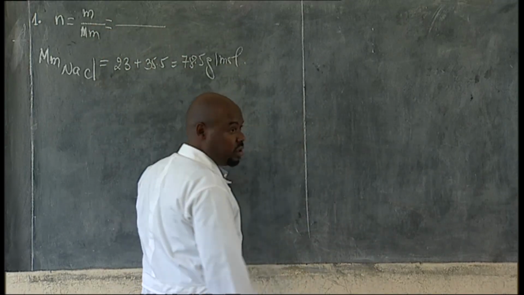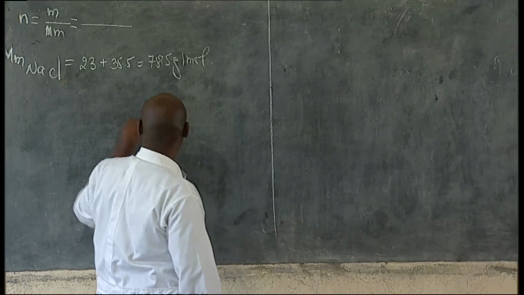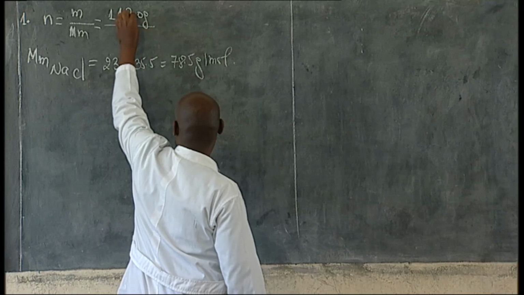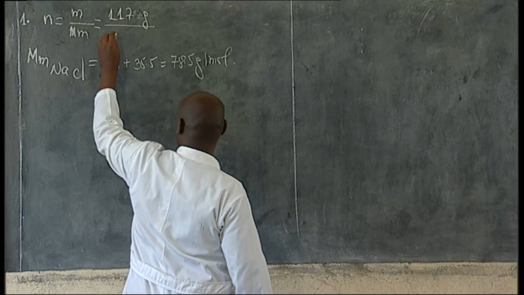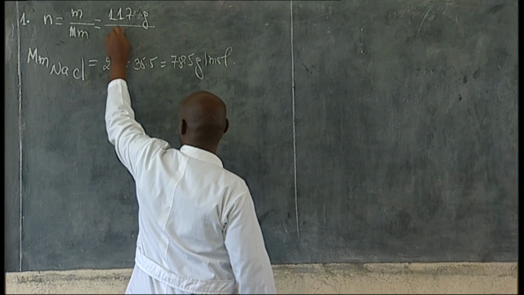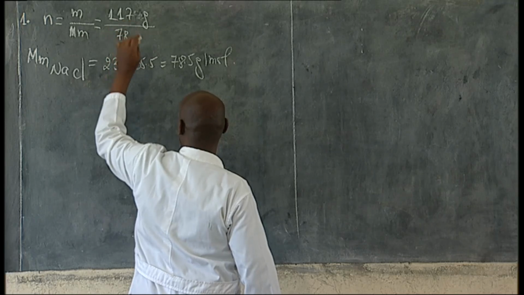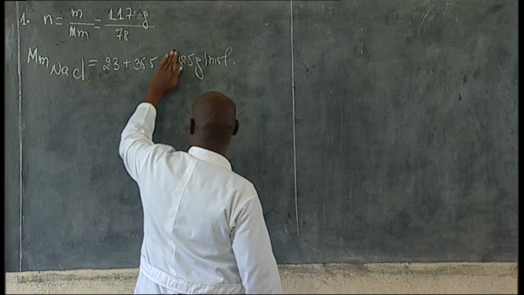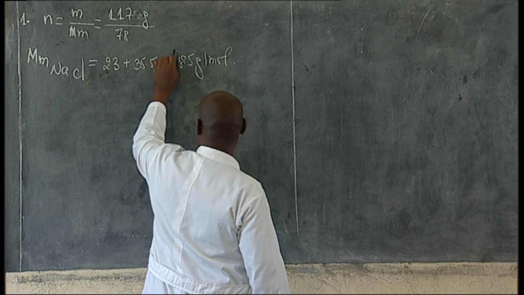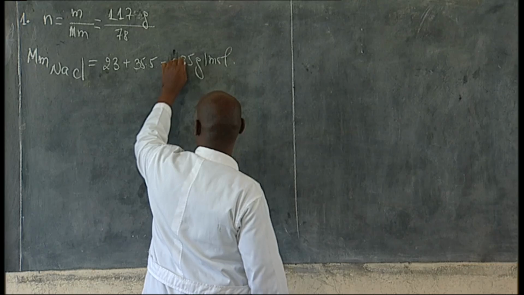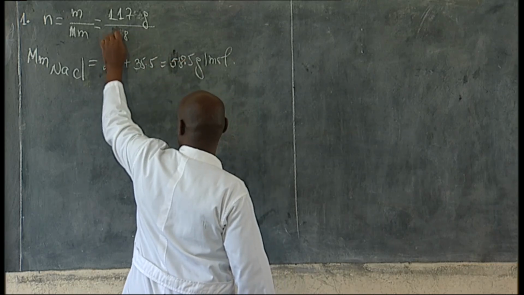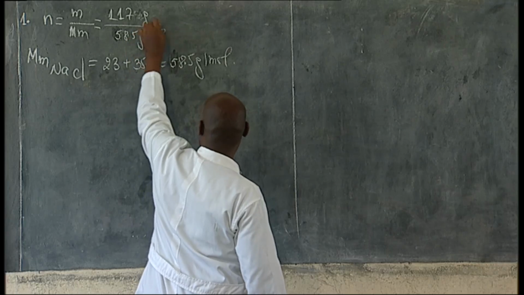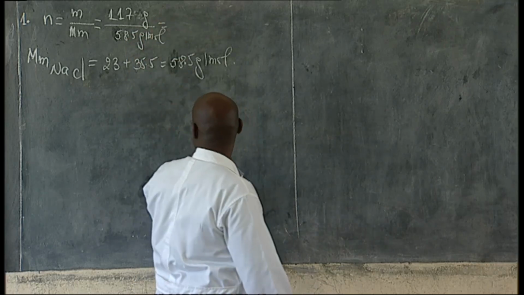When we substitute, we get 117 grams over 58.5 grams per mole. And when we work out, what do we get?